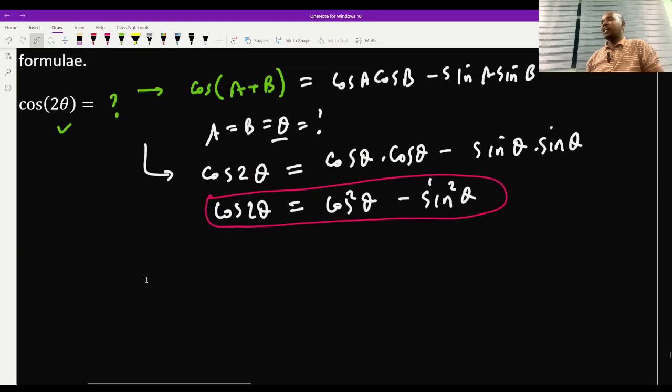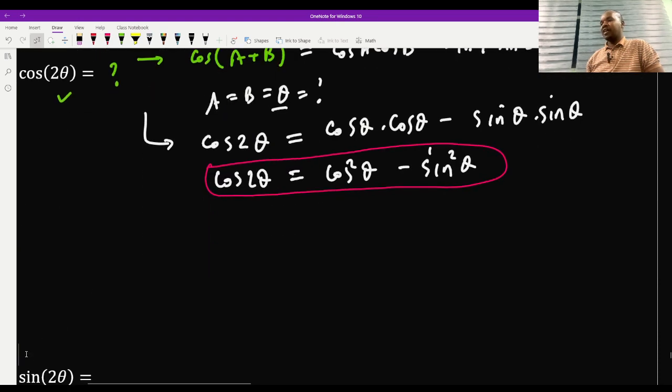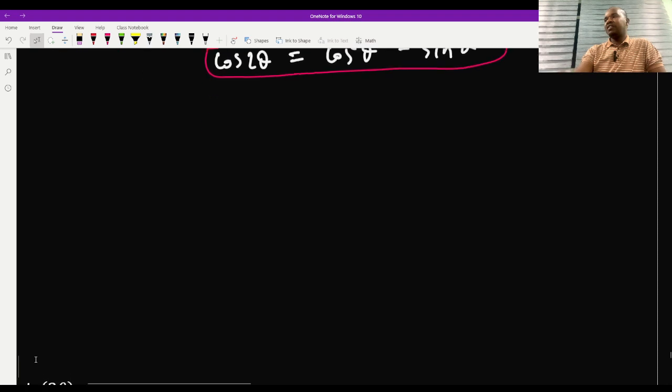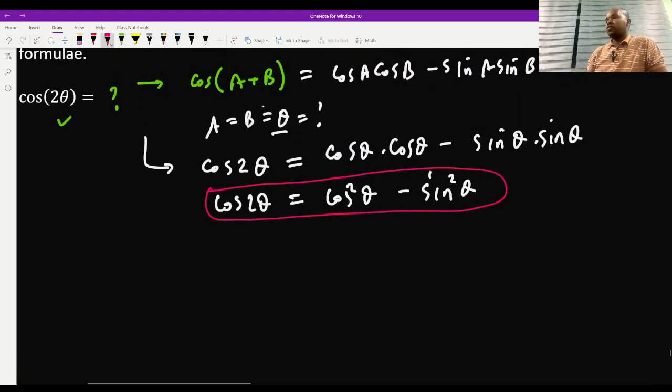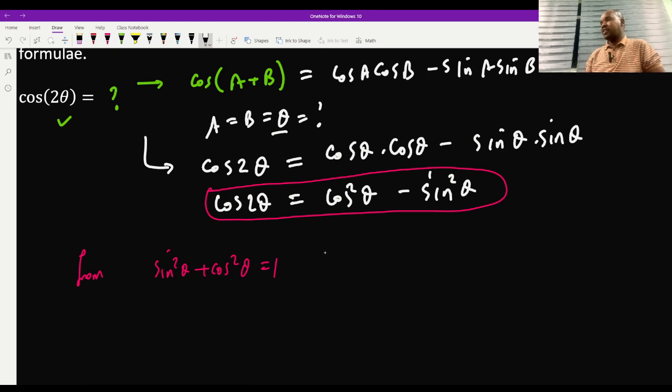Now this formula can be modified further to have different expressions, and we are going to refer to the identity sine squared theta plus cos squared theta equals 1. From this expression you can make sine squared the subject.